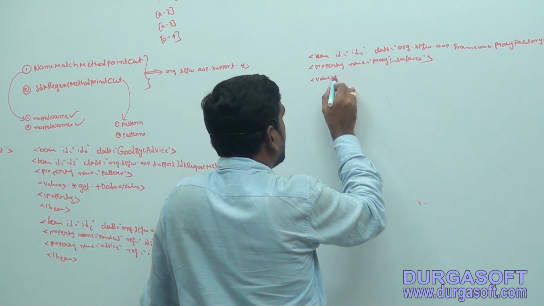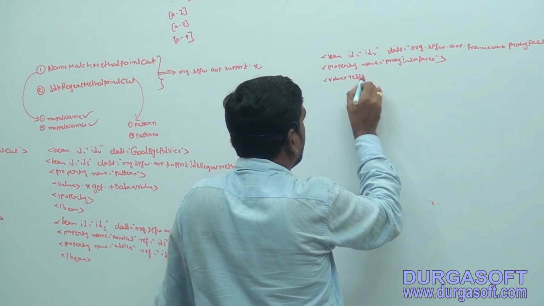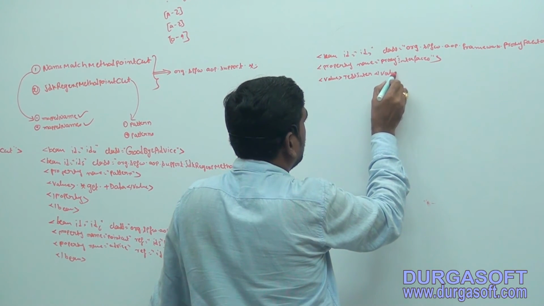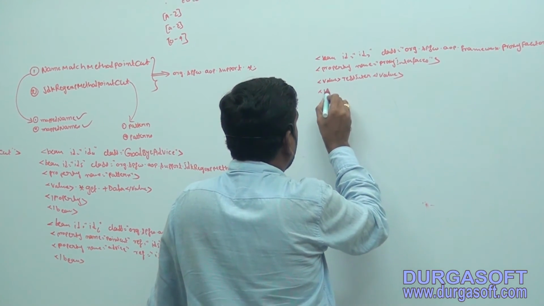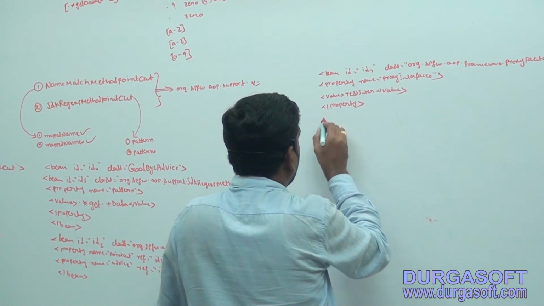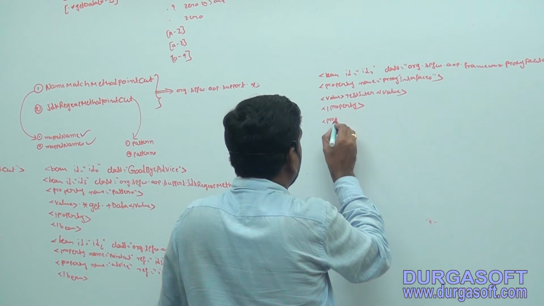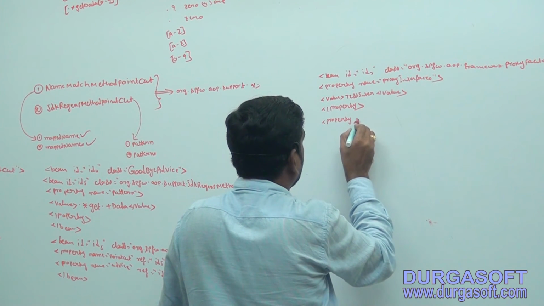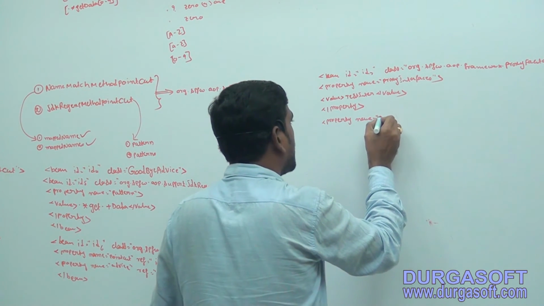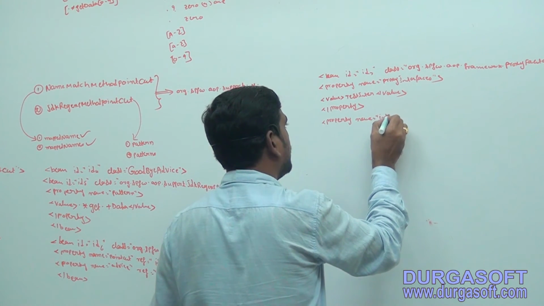Now what is that interface? TestInter. Close the value, then close the property. Next property name is equal to interceptorNames.